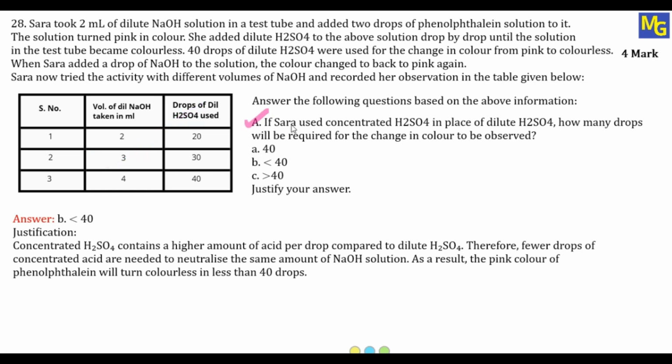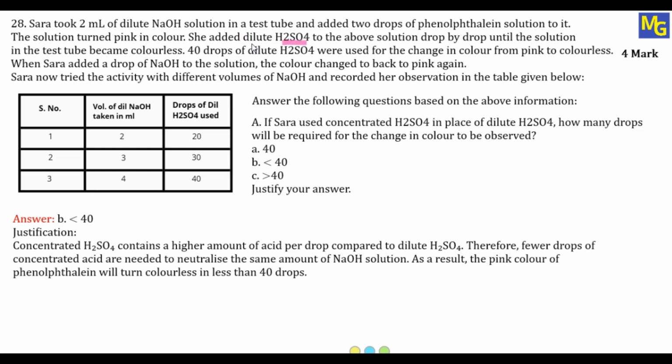Question A is, if Sarah used concentrated H2SO4 in place of dilute H2SO4, how many drops will be required for the change in color to be observed? So here you can see, first she took 2 ml of NaOH and she added dilute H2SO4 drop by drop, and the color became pink to colorless because you are adding acid. But this acid is dilute. Dilute means there is water in this.